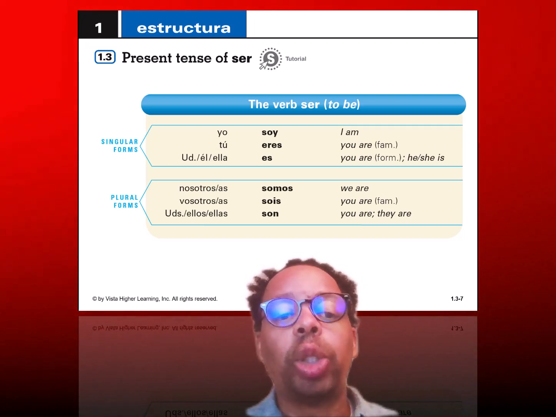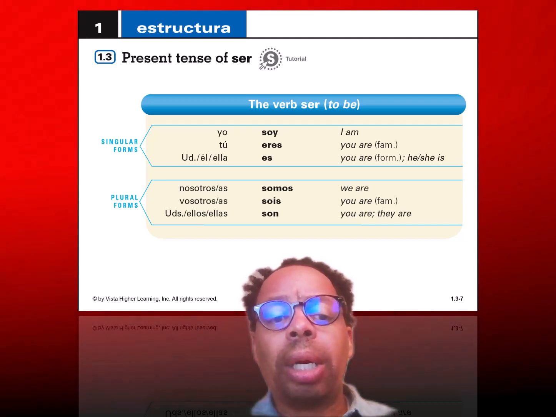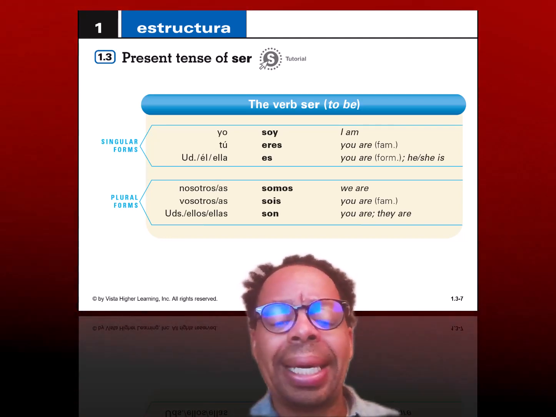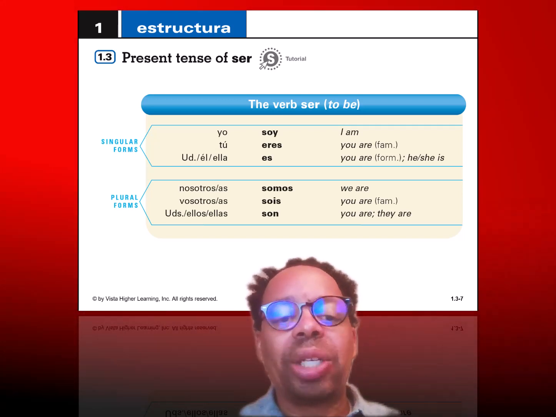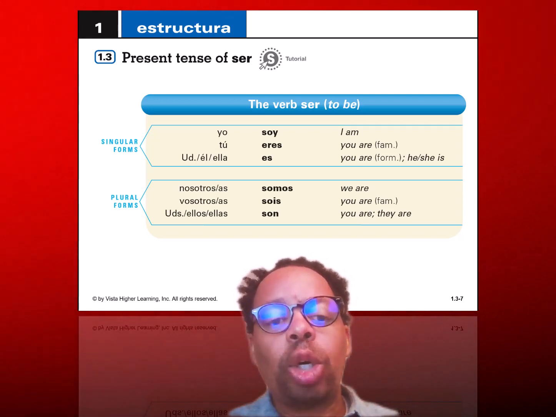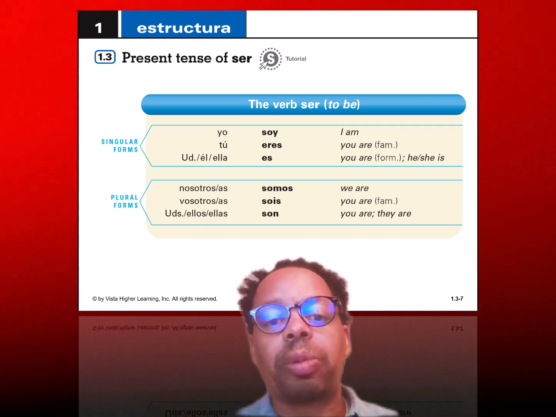We may not need to include the subject pronoun for that verb. Or we may say soy de México, soy de Atlanta, soy de Arizona. Or we may say yo soy de Arizona. It doesn't change the meaning of the statement at all, but in Español, you do have the option to omit or include the subject pronoun.